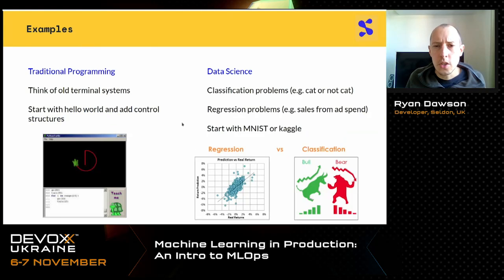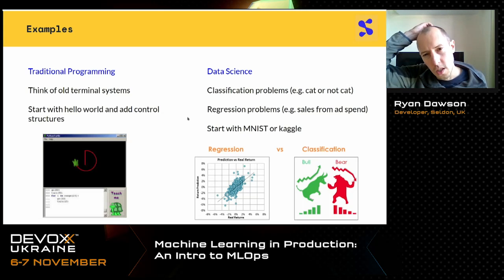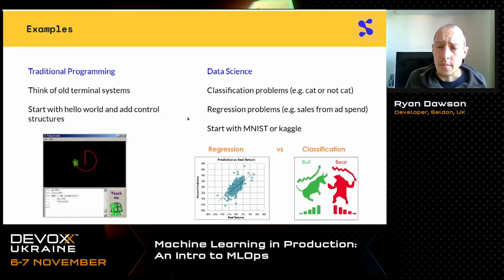So with traditional software, we've got applications that respond directly to user inputs, such as terminal systems or GUI-based systems. You code these by starting with the hello world and adding more control structures on top of the hello world. Data science problems fall into classification problems and regression problems. Classification problems put data into categories.